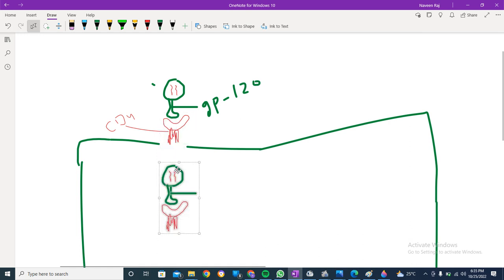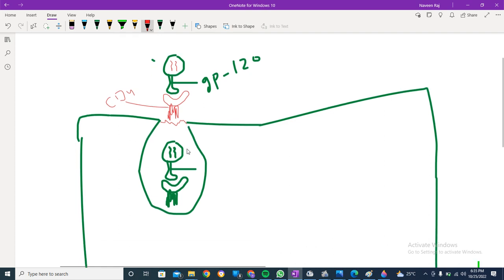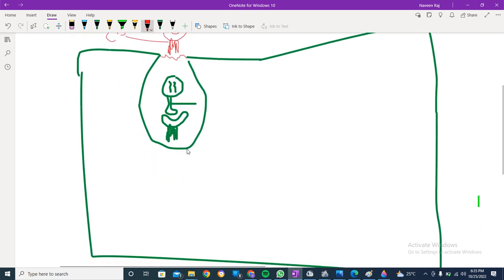It comes inside, and here it just seals up. This is the first step: it gets inside the host cell by endocytosis. The first step is the attachment and injection.